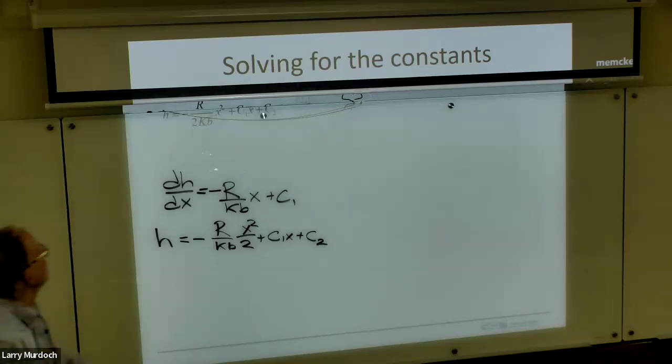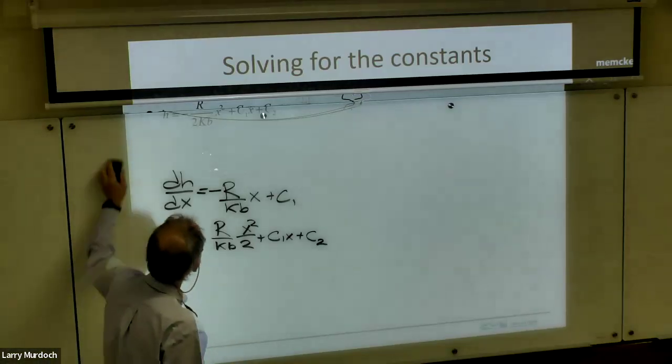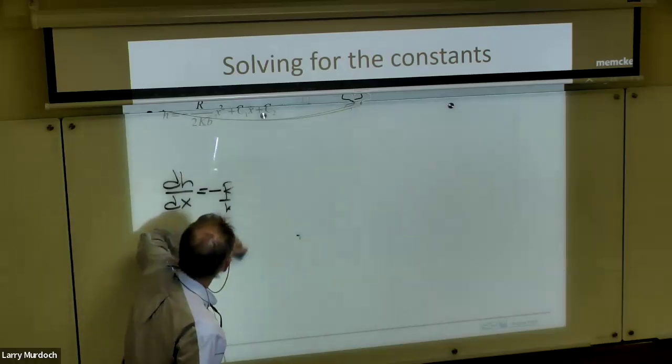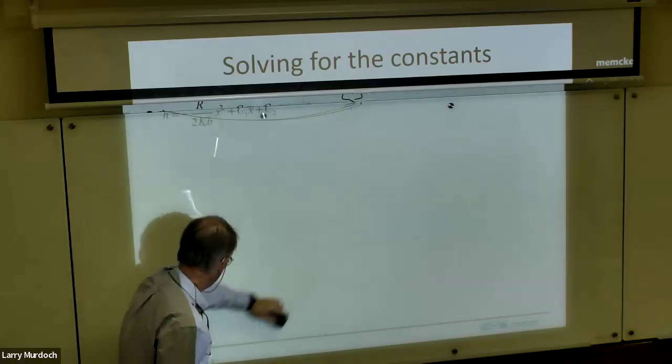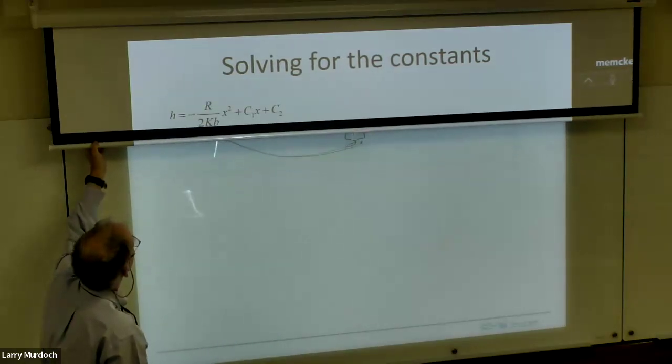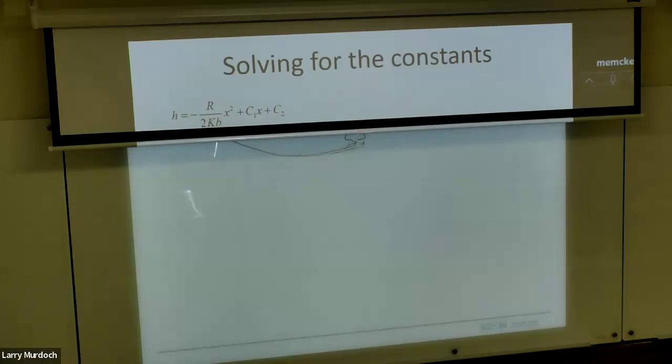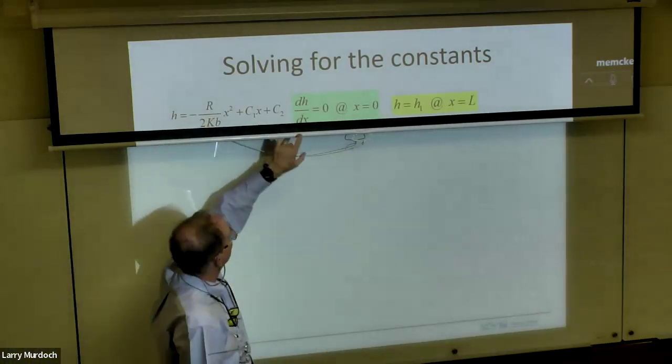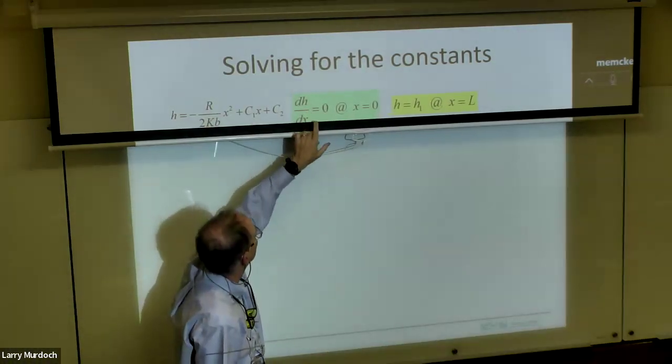So do that here. We'll have a little bit more room. So there's the equation after we've integrated it, and that's what I have here. So there's one boundary condition, and there's the other boundary. So the way we're going to do it is this is really like two equations.